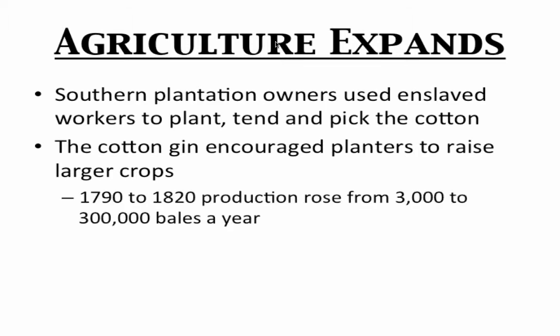And in fact, from 1790 to 1820, cotton production rose from 3,000 bales a year to 300,000 bales a year. A huge boom in agriculture. And that's just in cotton. It's doing the same thing in all agricultural products because they can do things more efficiently, quicker, and production is easier.